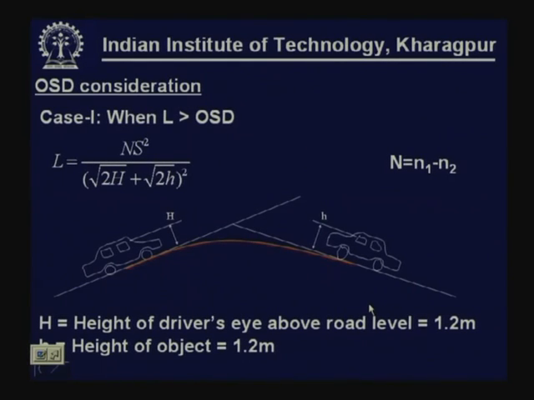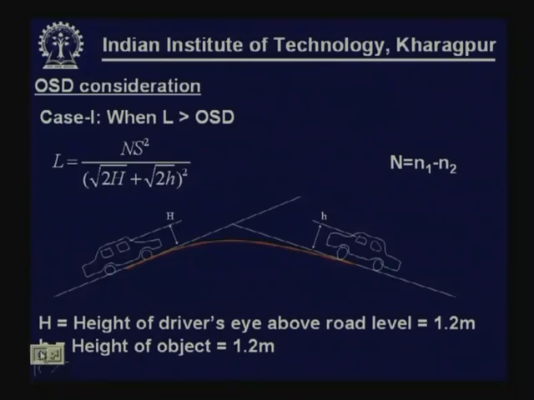Now, if we consider the sight distance as overtaking sight distance, that means instead of considering the stopping sight distance, if we try to provide the length of the vertical curve, which will be a summit vertical curve, adequate for the requirement of overtaking sight distance, then the basic formula is the same.